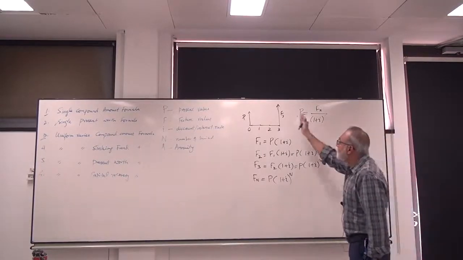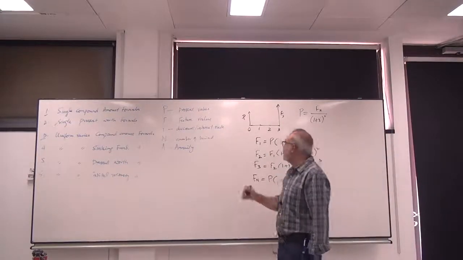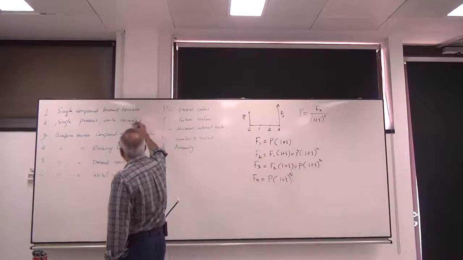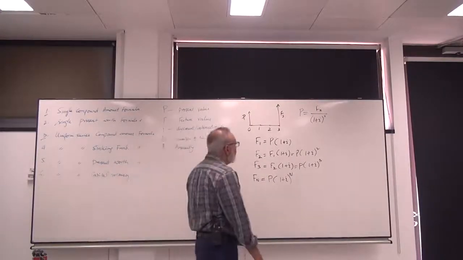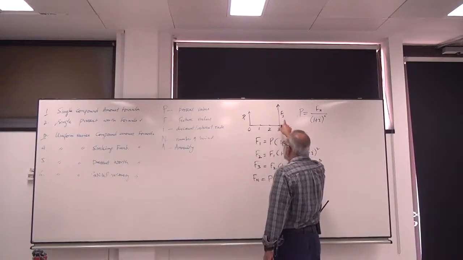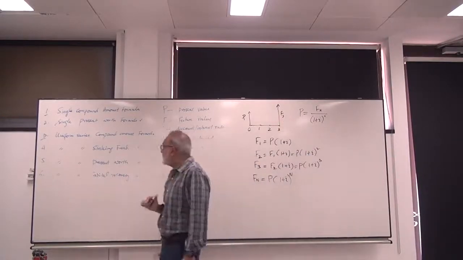So you are discounting back the future values, and this is the single present worth formula. It is single because we have only single payments here, a single payment in the future and a single payment in the present.